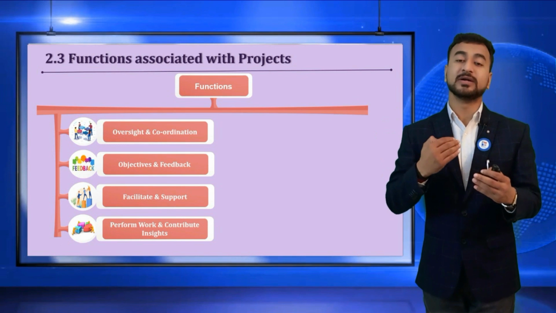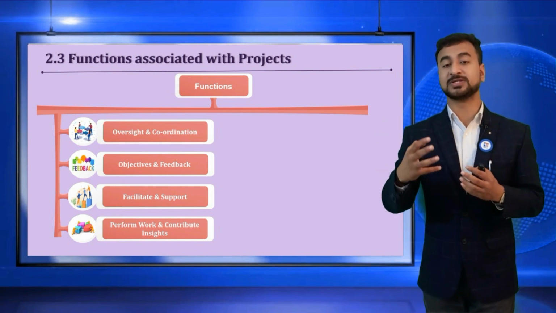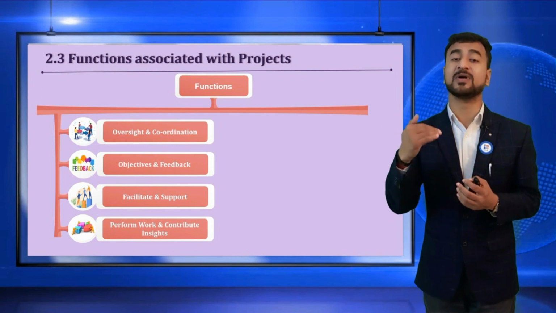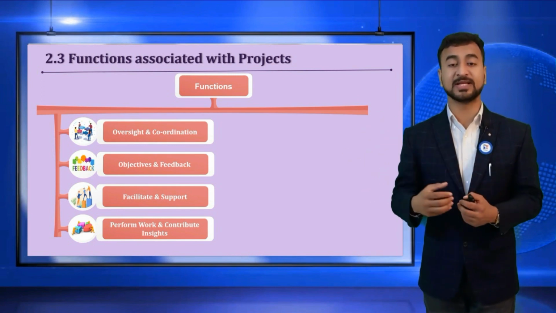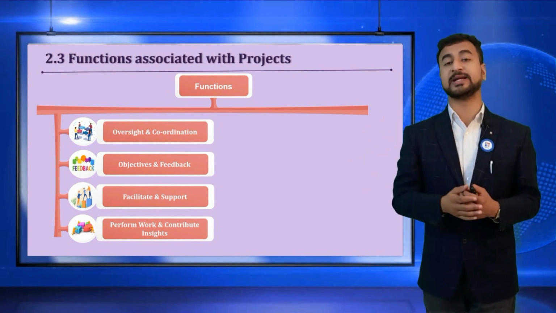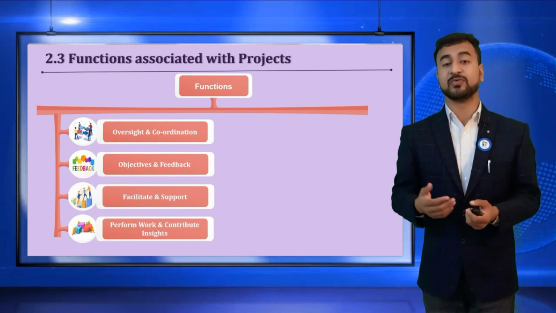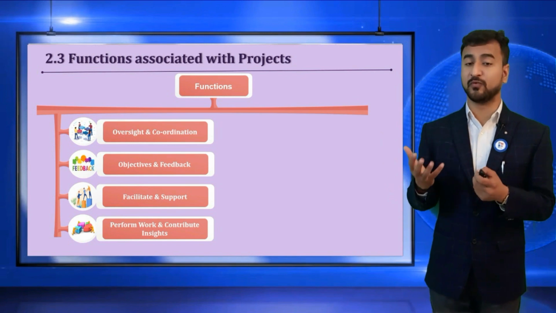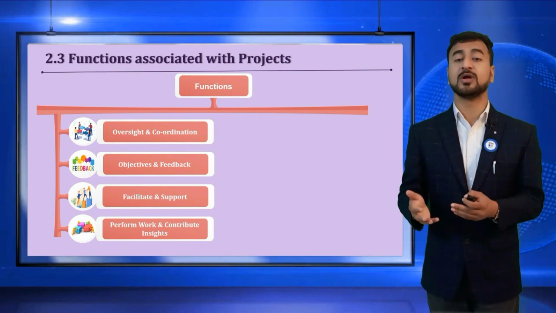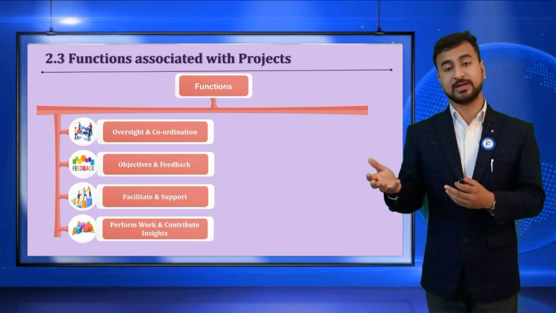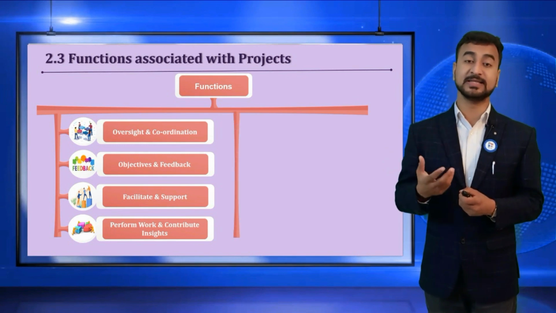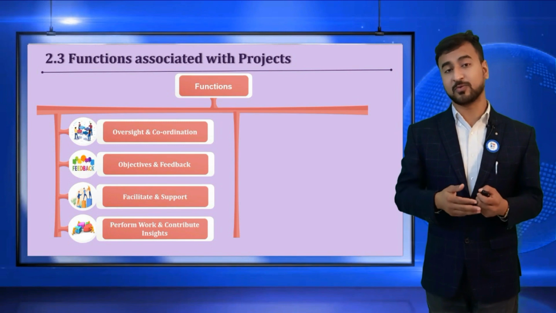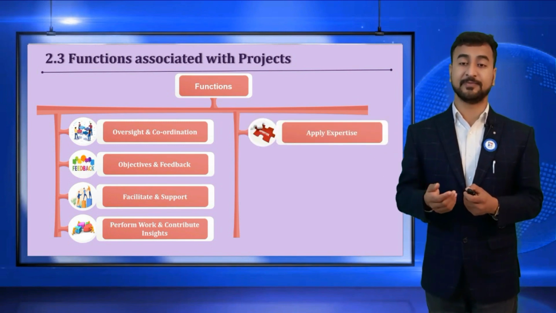There is discussion, interchanging of information, and from that you come out with insight on the project, some lessons learned that you can incorporate in your project. So that would be the fourth function, perform your work during the execution of that particular assignment or delivery, and contribute the insight you get, which will be helpful for other projects or from your project team to someone else's team.